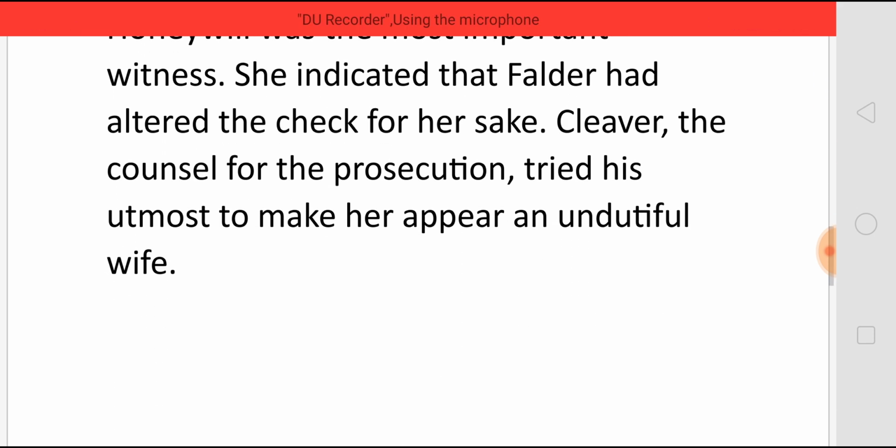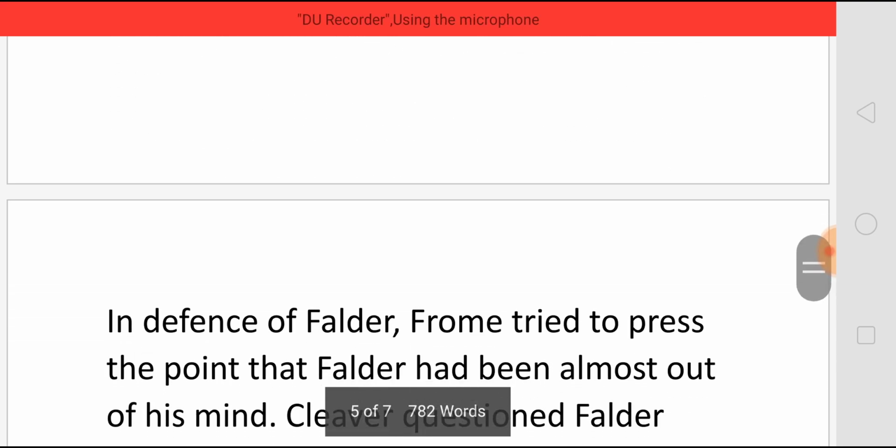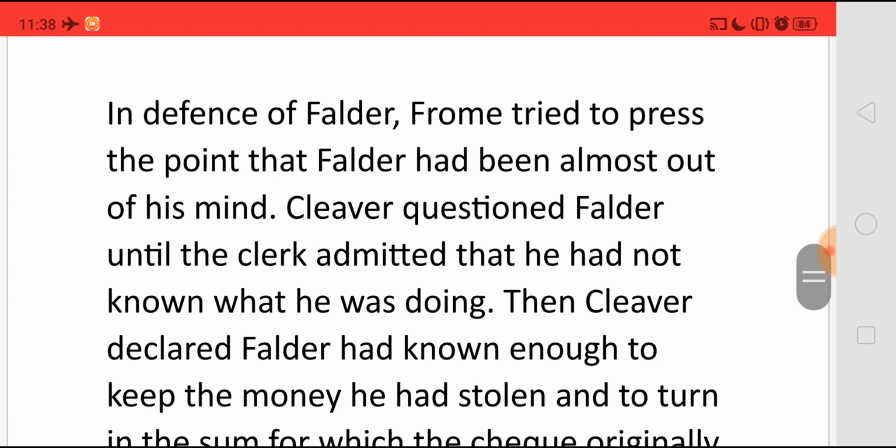And Cleaver, who is the counsel for the prosecution, first tries to frame her as an undutiful wife who is having an affair with a young man when she is married and has 2 children. And then Frome tries to press the point that Falder was definitely out of his mind at that time, but Cleaver says no, and he breaks even that.